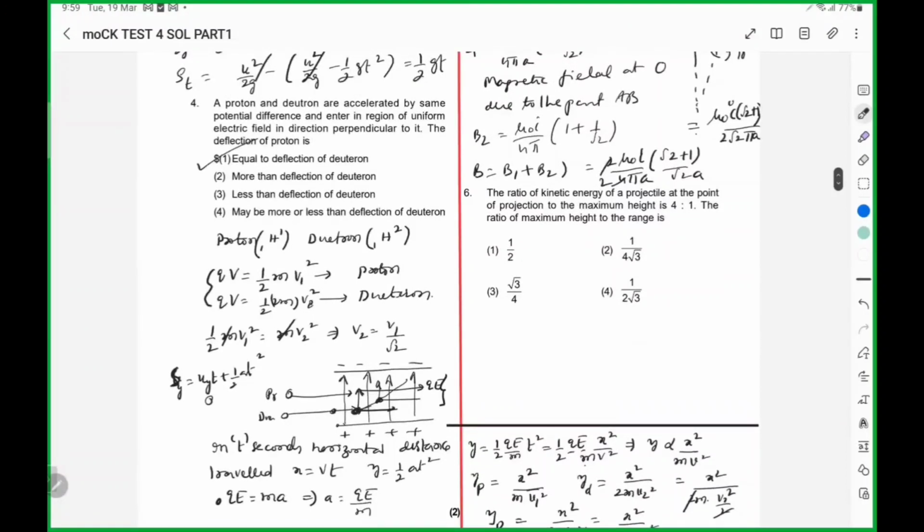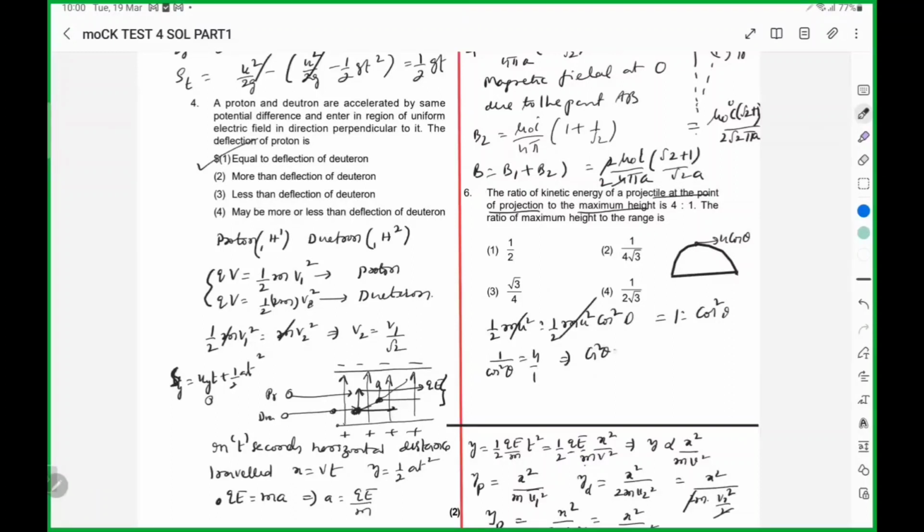The ratio of kinetic energy of a projectile at the point of projection to the maximum height. At the maximum height, it has only one velocity, horizontal. Kinetic energy will be this, 1 is to cos square theta. He given this one as 4 is to 1. So theta is 60 degrees.